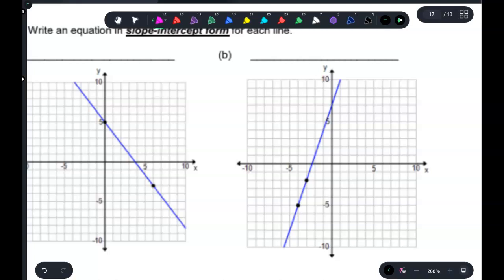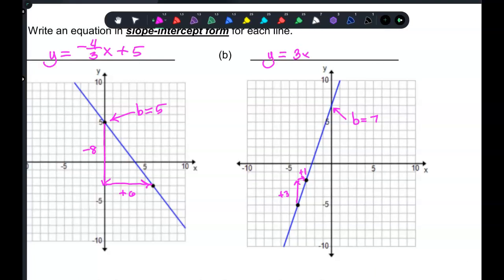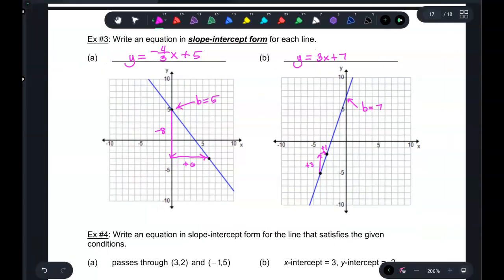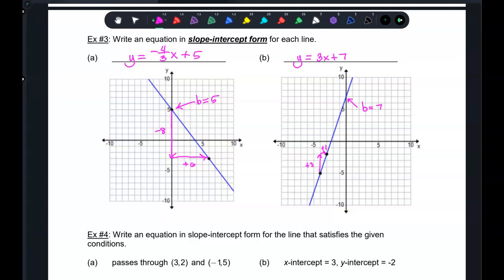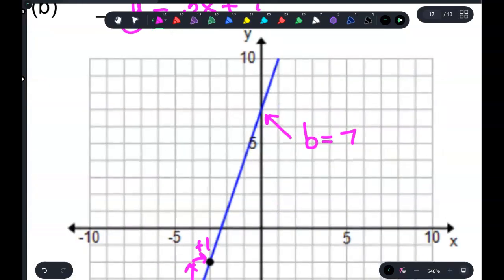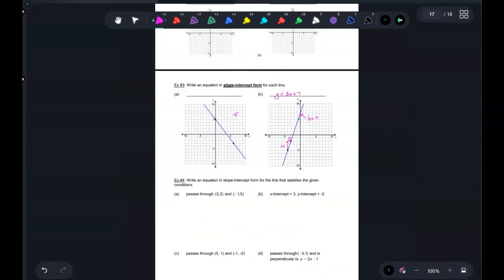So y equals 3x plus 7. Wait, why is the y-intercept the b? The y-intercept is always b. It's just in this case, I didn't put a point on the line, but I think if we zoom in, you can see it goes through perfectly. All right.